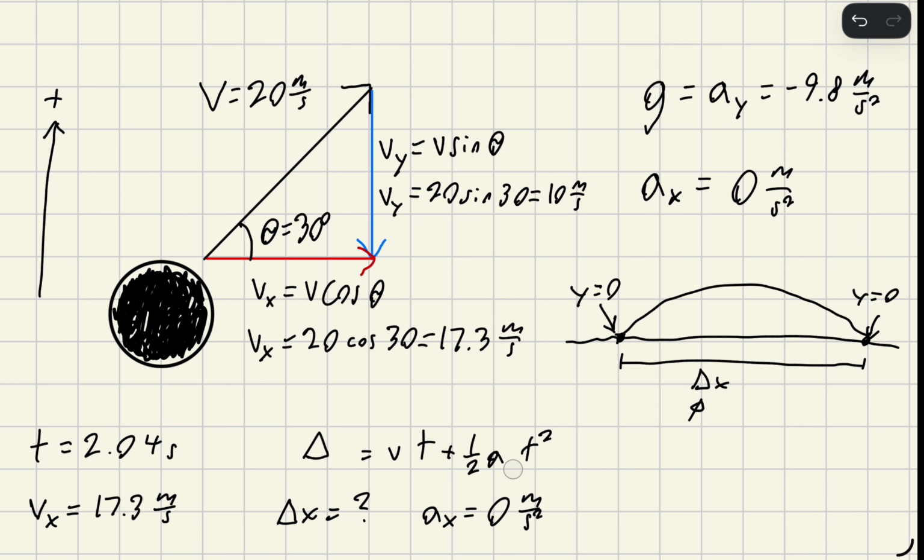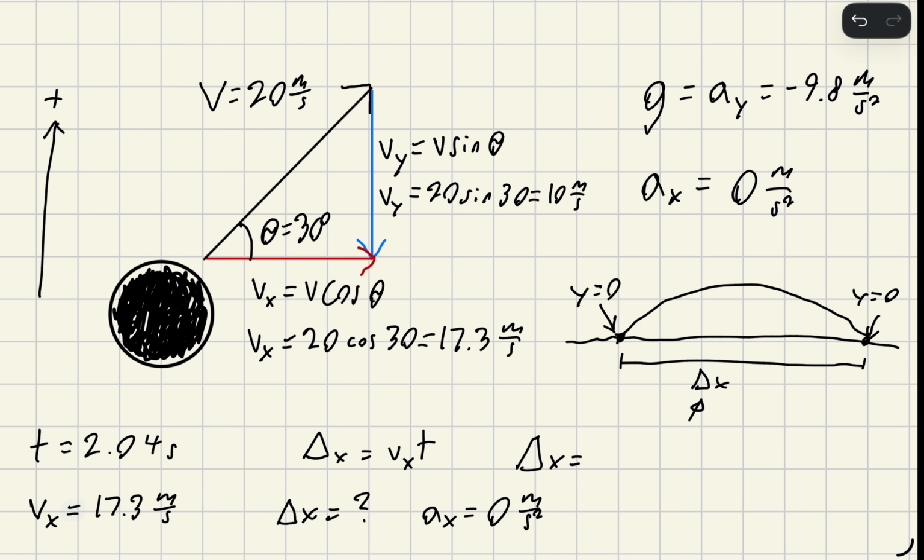We can rearrange this equation to be in terms of x instead. Delta x, v sub x, and a sub x. Notice that acceleration due to x is 0 meters per second squared, which means that this term is 0, and so it cancels completely. We can erase it. And we're left with delta x equals velocity due to x times time, both of which we have.